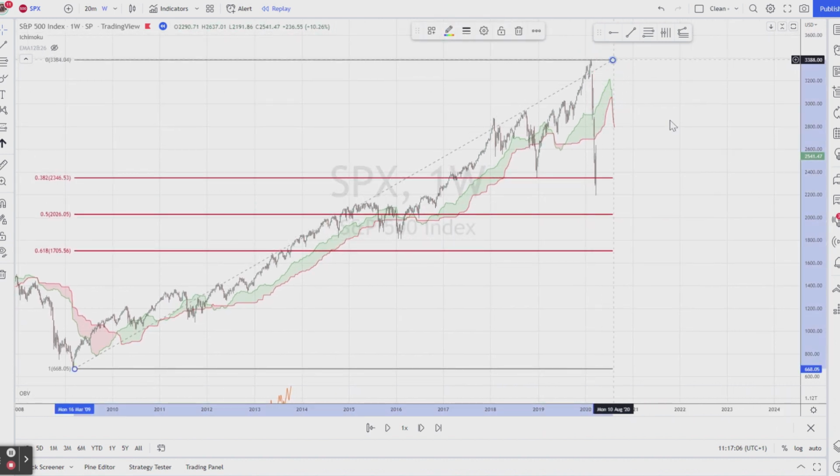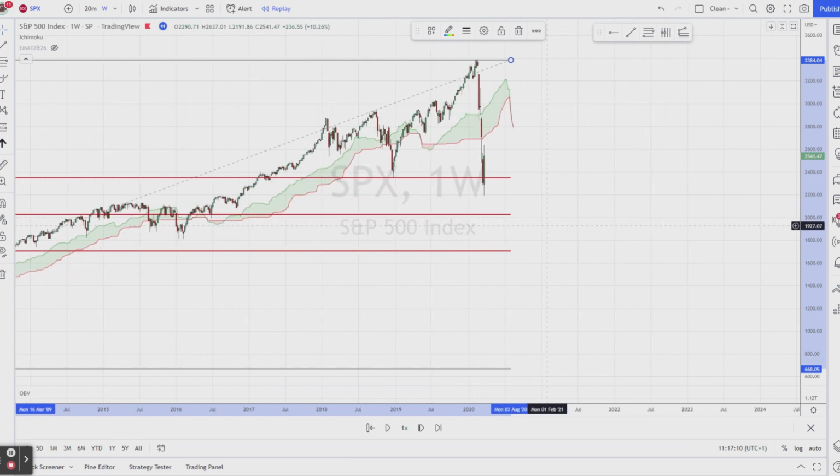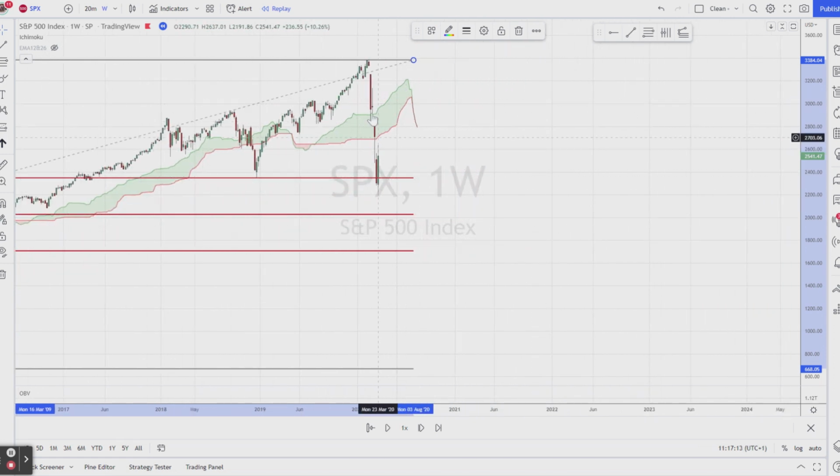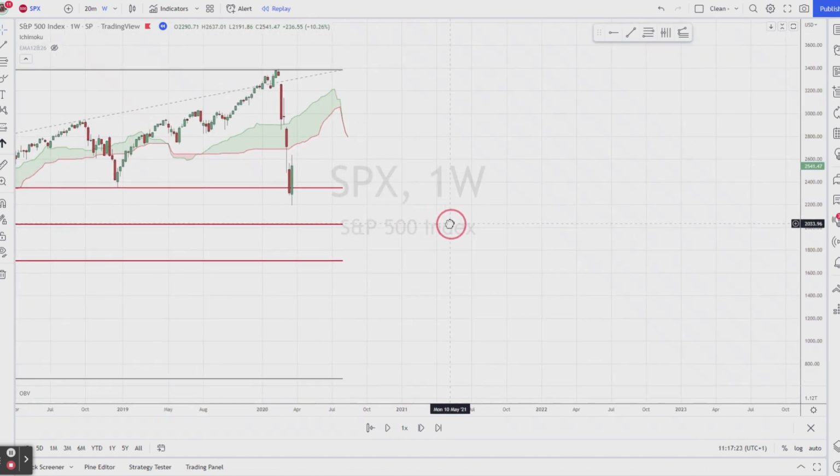And what do we see? We are seeing that we actually fell. We tried here, but didn't manage to go all the way down. But now, all of a sudden, we are down here.